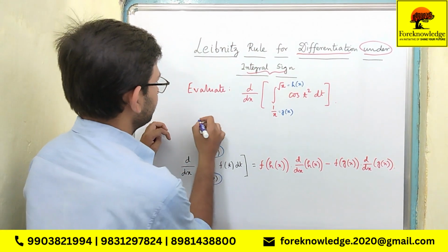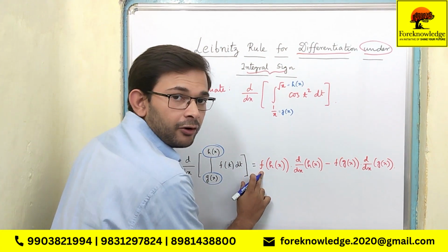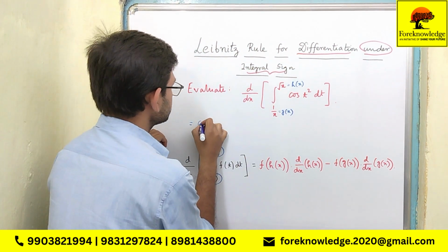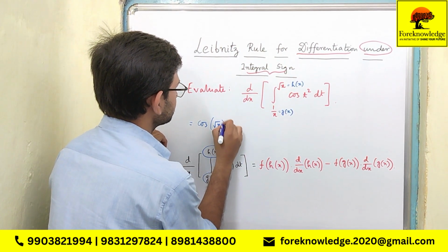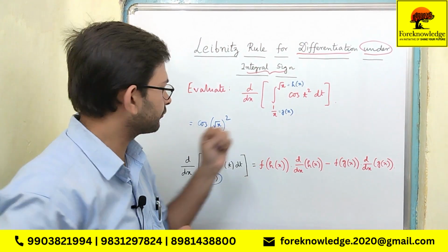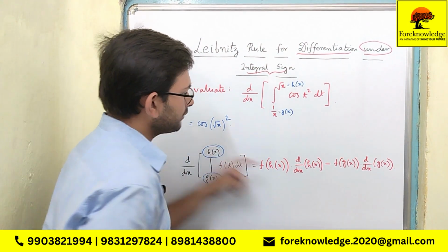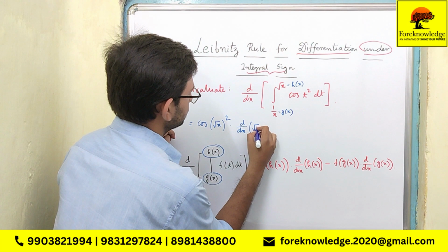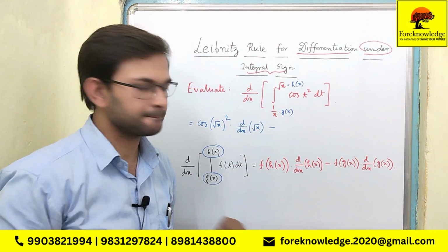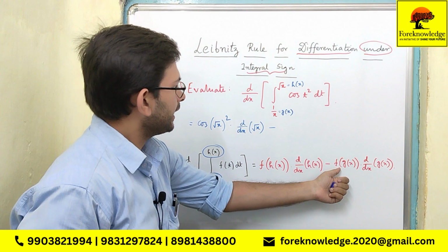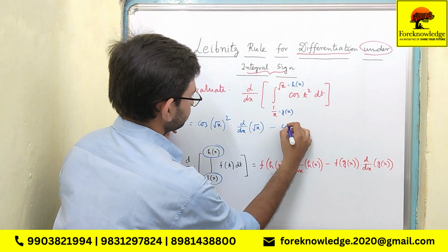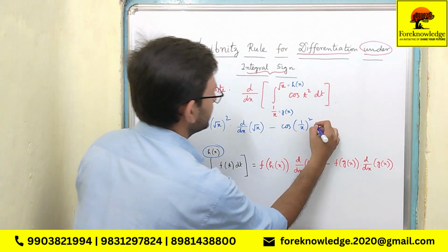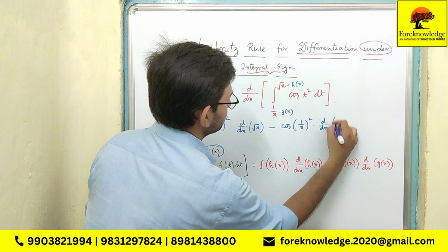So just apply the formula. That means f of the upper limit, that means cos of the upper limit. Cos of the upper limit means cos of root x square, into the derivative of the upper limit, d/dx of root x, minus f of the lower limit, that means cos of (1/x) square, into the derivative of the lower limit.